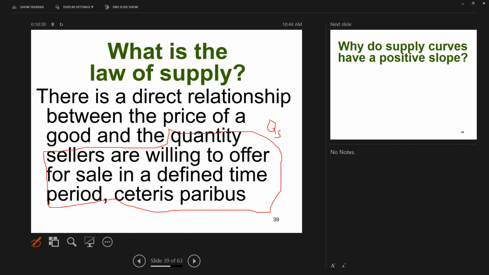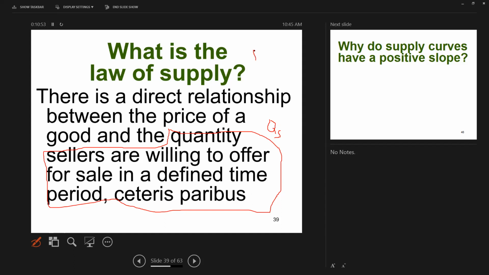Quantity supplied is used as a shorthand for saying that the quantity sellers are willing and able to offer for sale in a defined time period, ceteris paribus. So instead of saying this whole mouthful here, we just say quantity supplied.